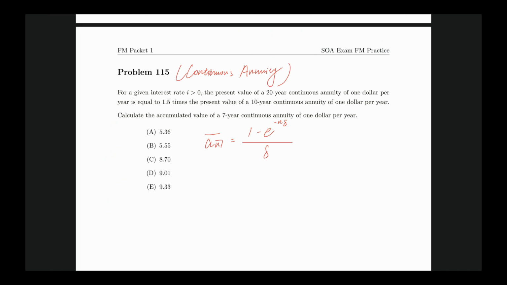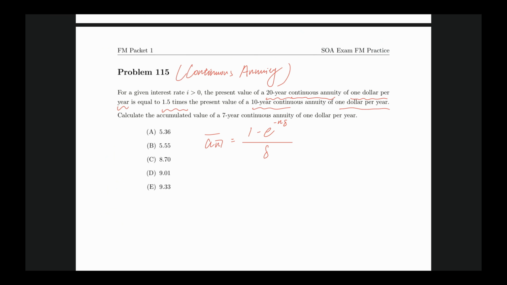Notice that the present value of a 20-year continuous annuity of $1 per year, and $1 per year is very decent because I don't need to add any coefficients in front, is equal to 1.5 times the present value of the 10-year continuous annuity of $1 per year.